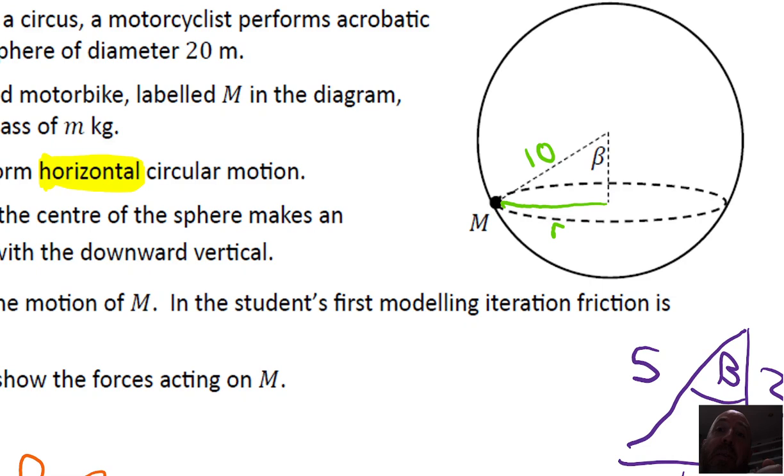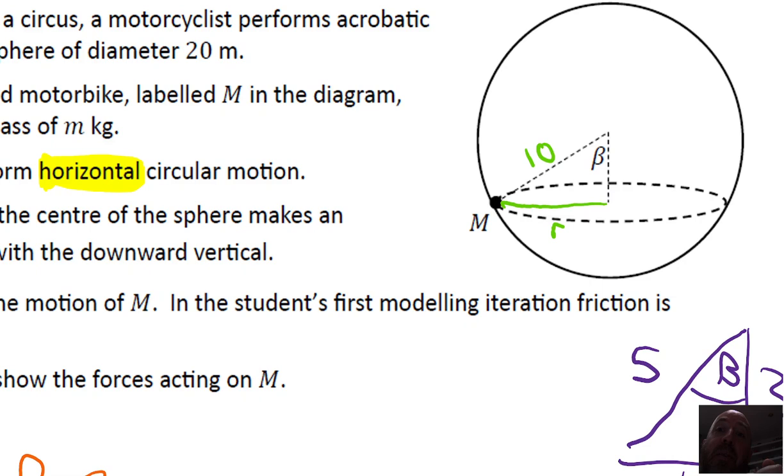So we have mv squared over r. That is m, the combined mass is m. So it's mv squared over 8. And that's the force that is causing circular motion to happen. But how do we relate that to our force diagram of R and mg?